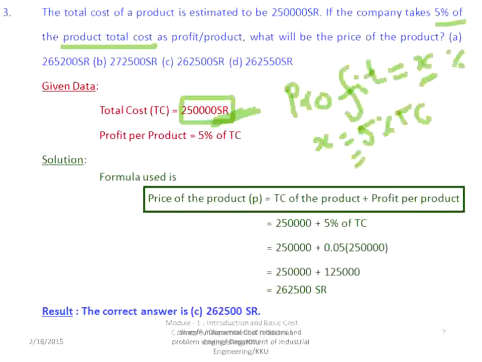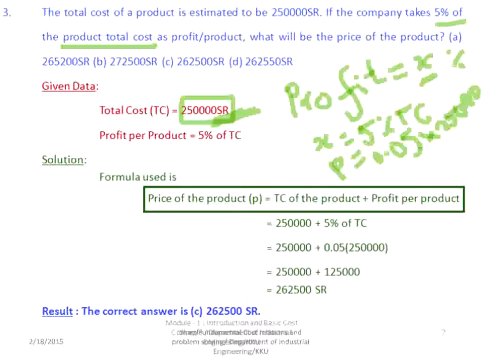You should take 5%, convert into decimals. So you're going to get 0.05. Multiply by total cost, 250,000 Saudi Riyal. This is profit. This is the X value. You should calculate profit like this.